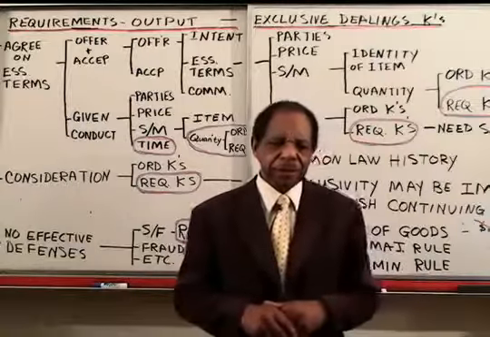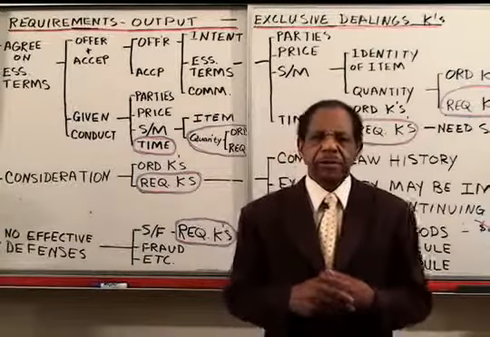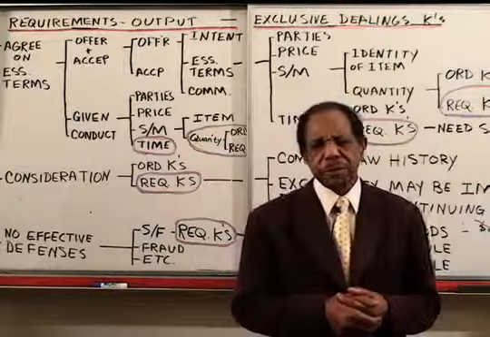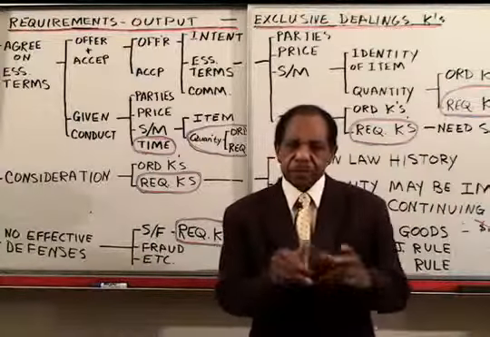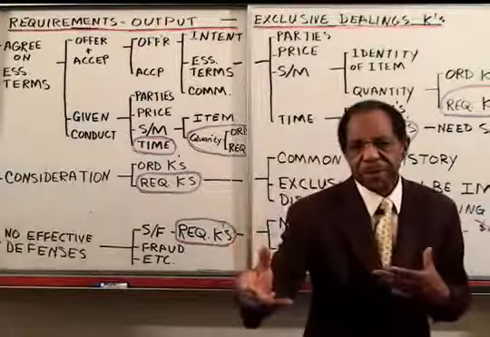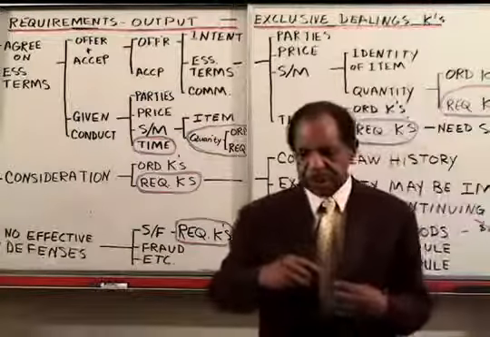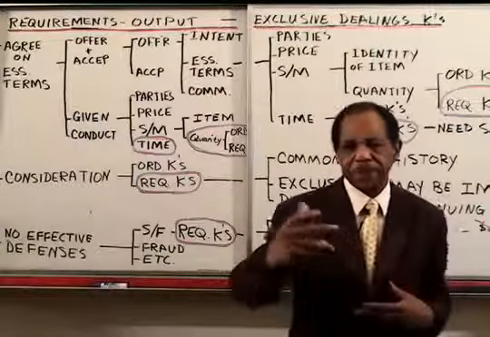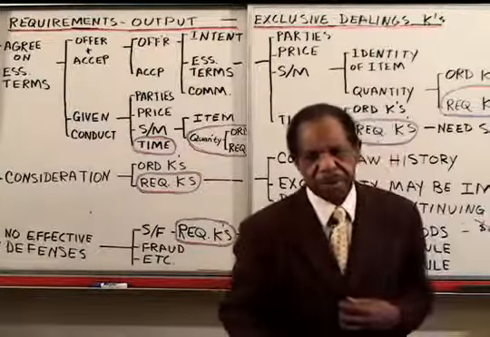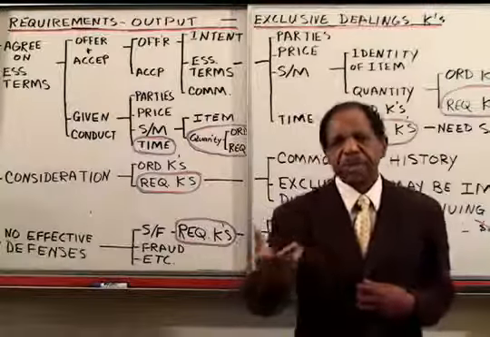And the answer is that the UCC has a rule at 2-306, and 2-306 says, here's what you do. When we made the requirements contract, let's go to the case where I own the restaurant, and I'm buying fish, all the salmon that I need, I'm buying it from you, and you promised to sell it to me.